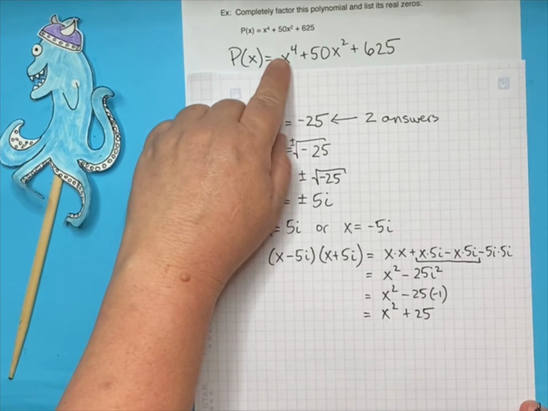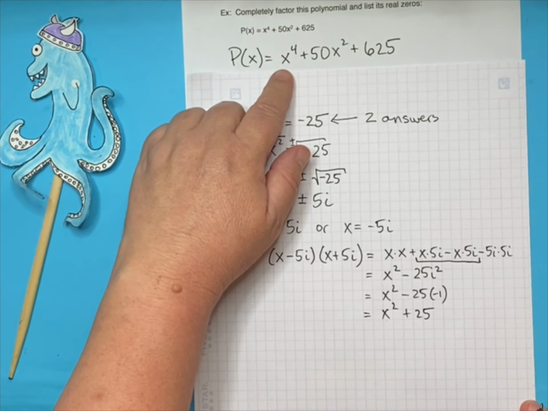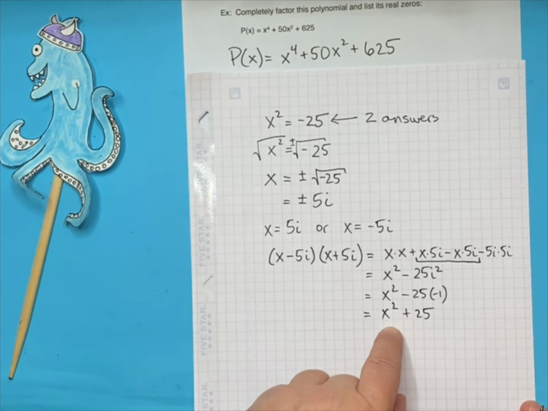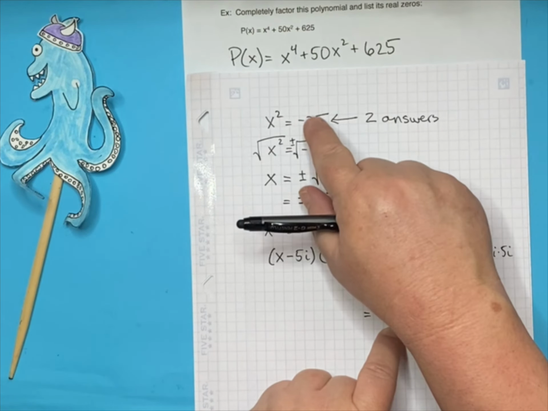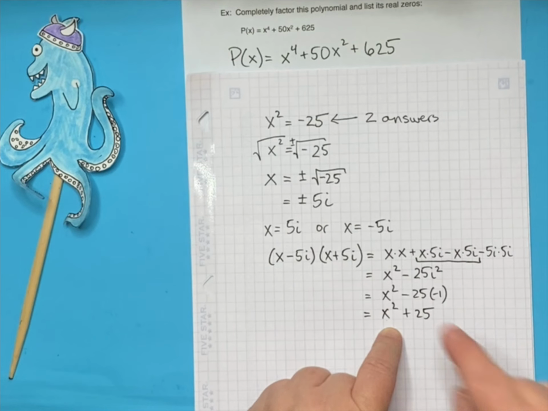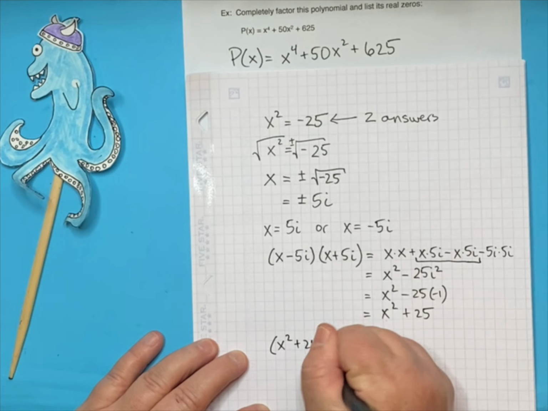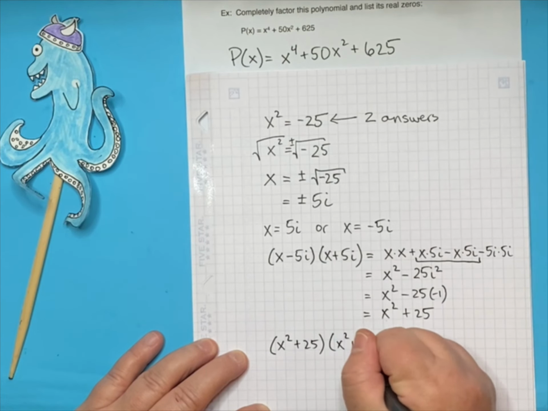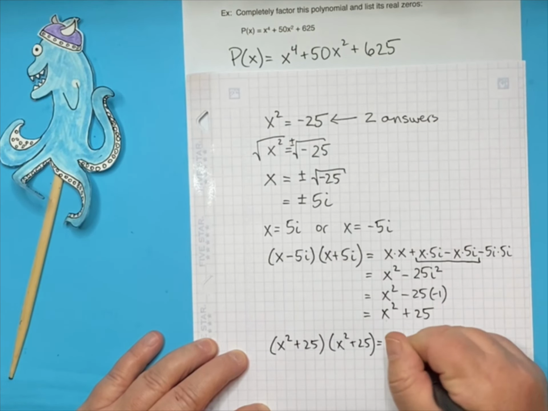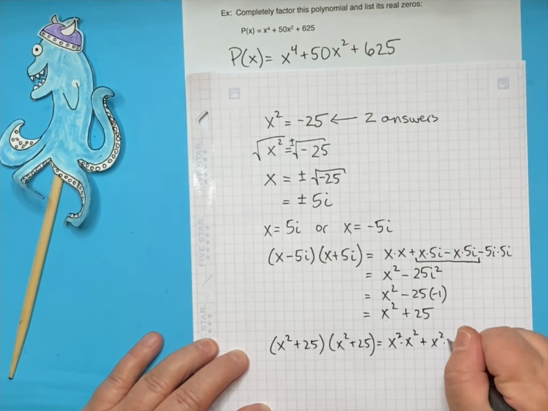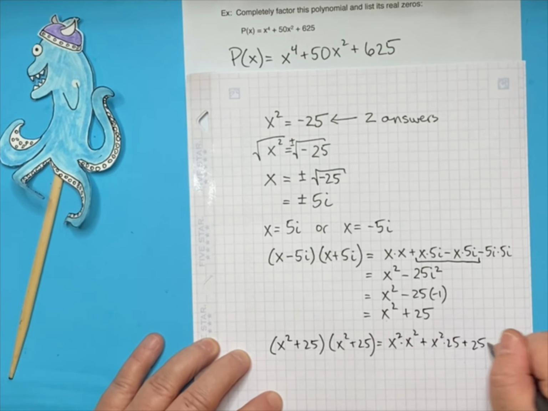Now, what is the actual polynomial? The actual polynomial looks like this. These two only get us up to x squared plus 25. What's going on? Well, this was a double answer. So I actually have 2 of these. X squared plus 25 times x squared plus 25. X squared times x squared plus x squared times 25 plus 25x squared plus 25 times 25.